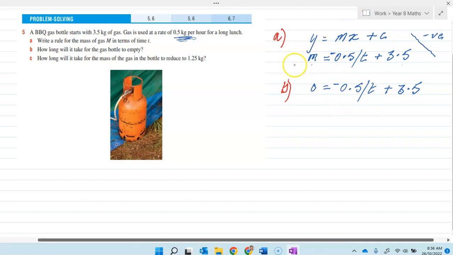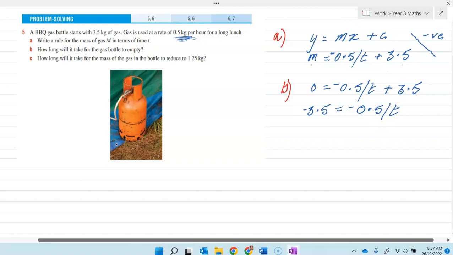Don't confuse the m in this instance. I'm going back to this basic format of an equation. So what we're going to do is subtract 3.5 from both sides. So then I have negative 3.5 equals negative 0.5t.